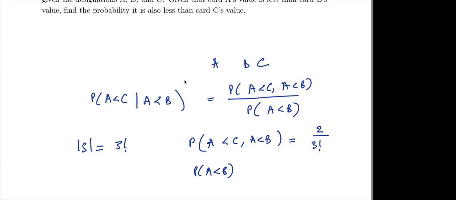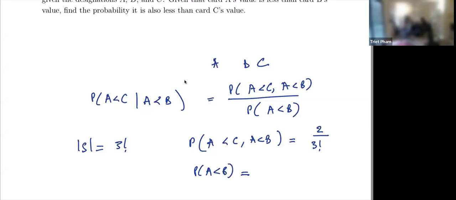Three ways: the two ways above, and also that C is less than A. Yeah, not bad. A less than B, which of course counts these two ways, which is good.